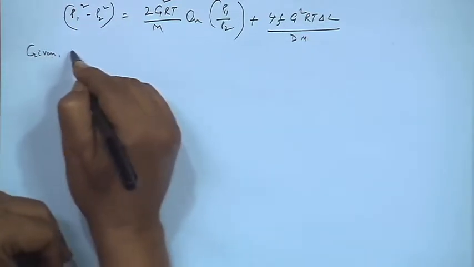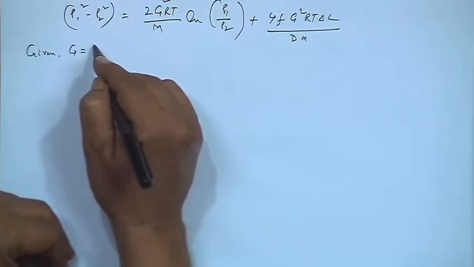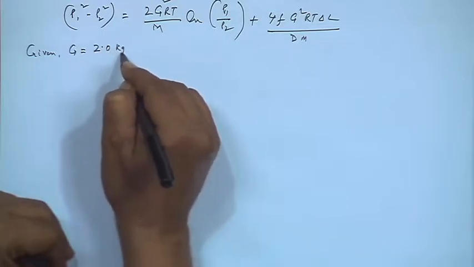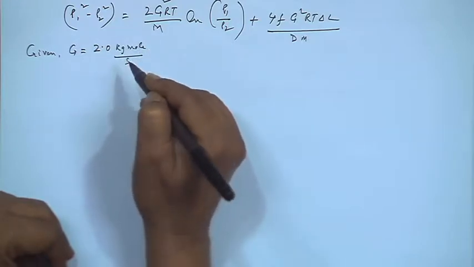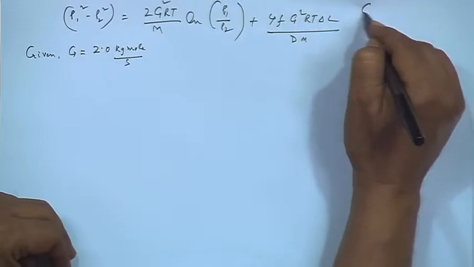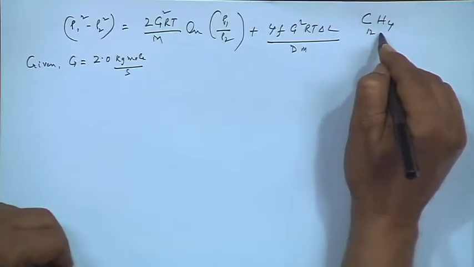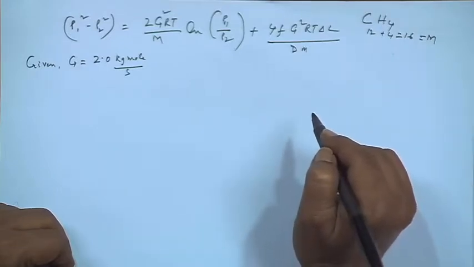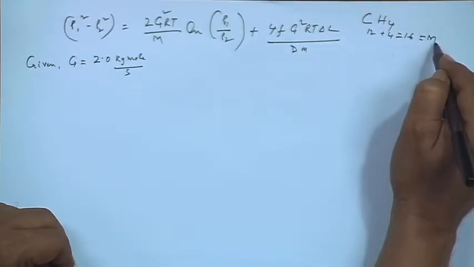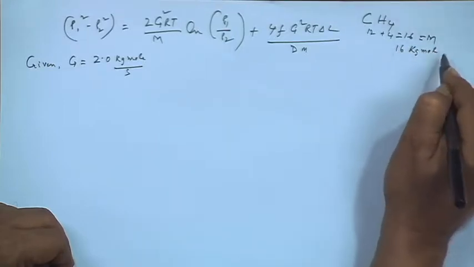Our given things, let us write down. Given G is 2.0 kg mole per second, and this was for the gas methane. Methane is CH4, so 12 plus 4 is 16. Molecular weight is 16, that is 16 kg per kg mole.